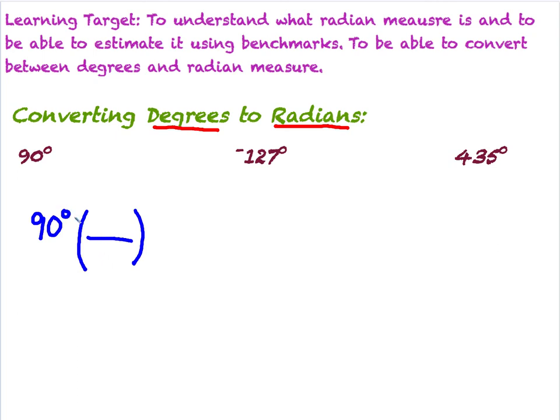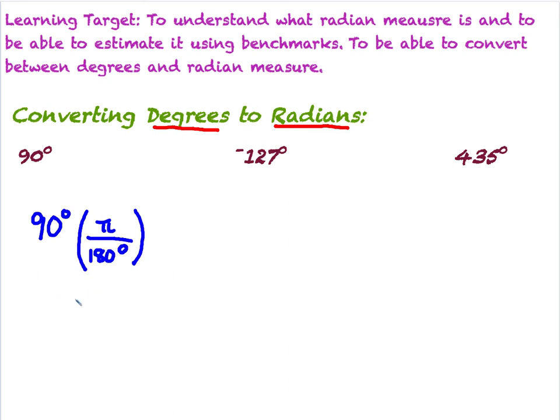If I want to get rid of degrees, I need to have my degree measurement in the denominator of this fraction. So that's what identifies to me that I'm going to multiply by pi, and notice I don't put a unit here because it's understood it's radians. So I'm going to multiply by pi over 180.